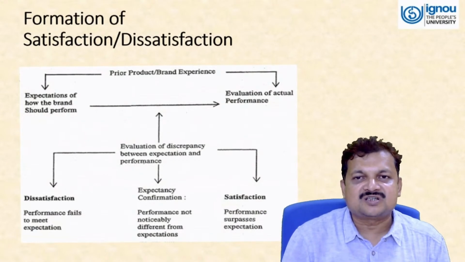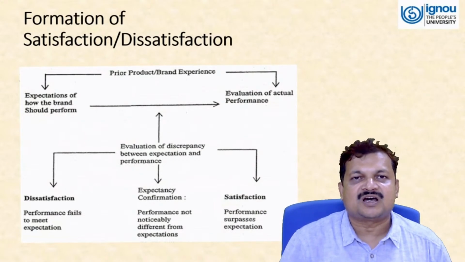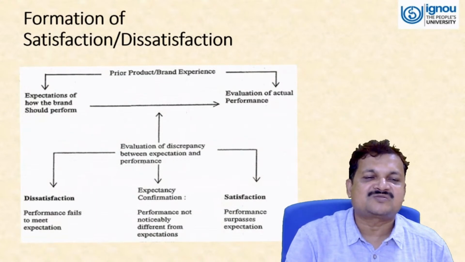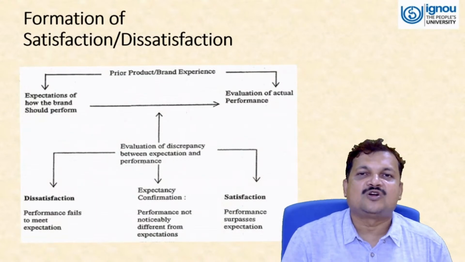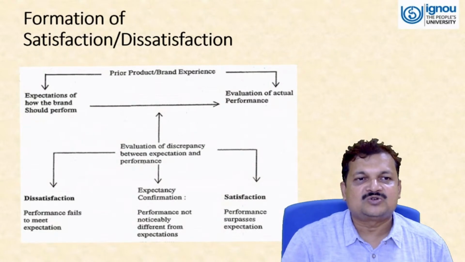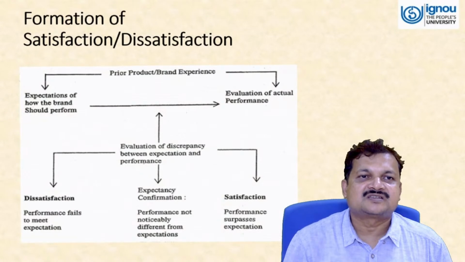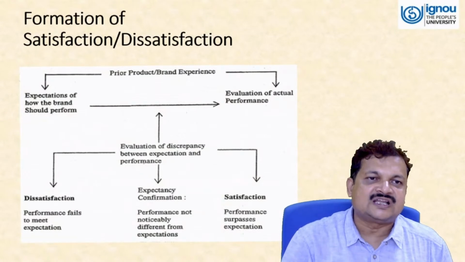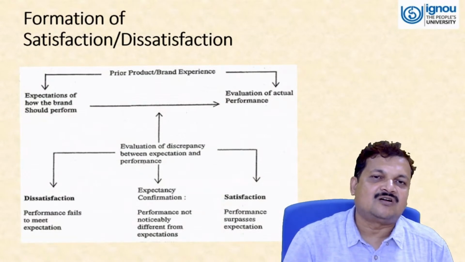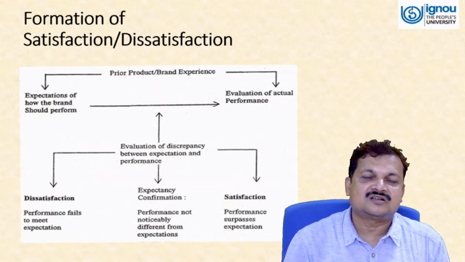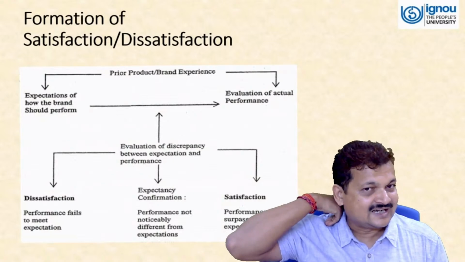And when we are purchasing the product, we always evaluate our expectation of that brand against what we got finally. So when the actual performance is nearer to or more than what we expected, then we are satisfied, or we can say customer delight is there. But if the performance is lesser than the expectations, the customer will mostly be dissatisfied.